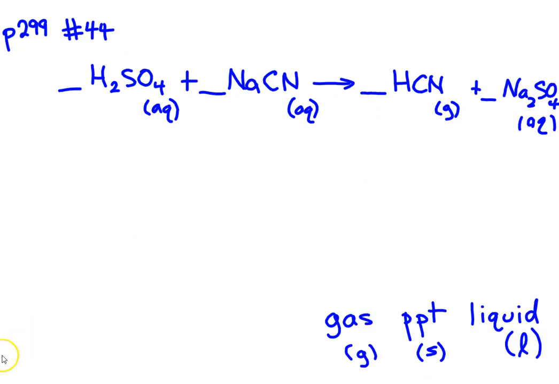Okay, here is question number 44 on the same page, and I'm putting in here again the gas, precipitate, liquid, and their subscripts that you should have in your equation, as you can see in this equation.